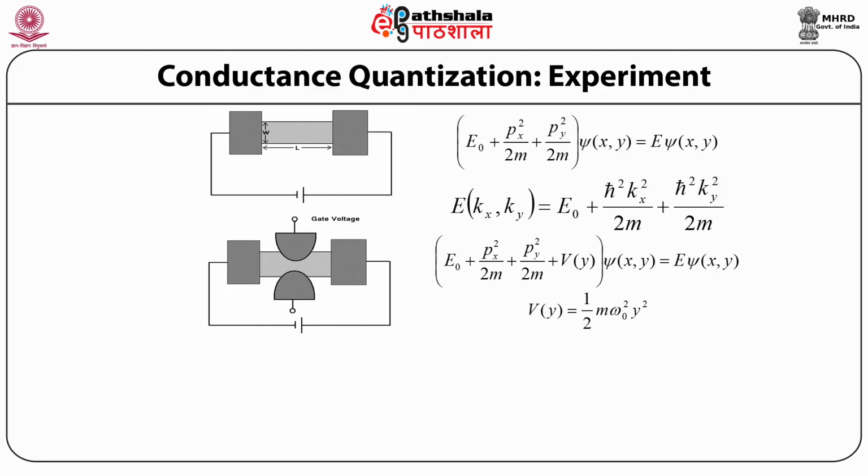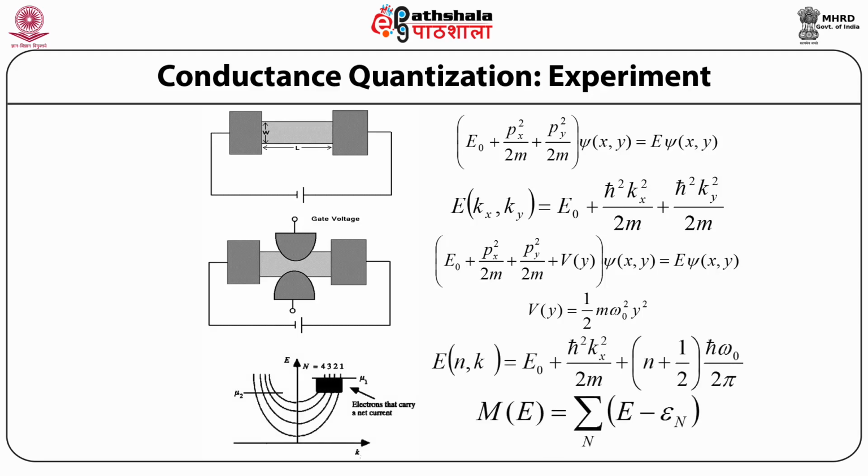And corresponding to this, we have the energy eigenvalues given by E naught plus h cut square kx square by 2m plus (n plus half) multiplied by h cut omega naught by 2 pi. In this case, energy is quantized along y and z directions.